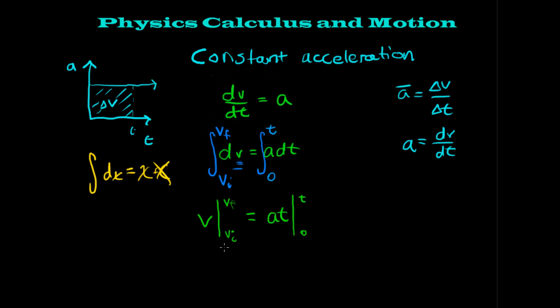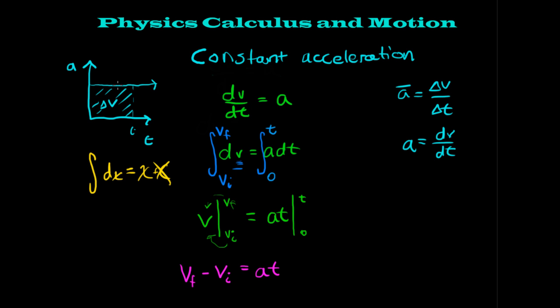Now when you evaluate those, you should remember that you plug in this value, and then you subtract this value. Alright, so let's do that. You get vf minus vi is equal to at minus 0, but I won't go ahead and write that here.